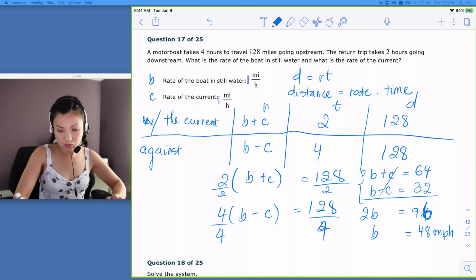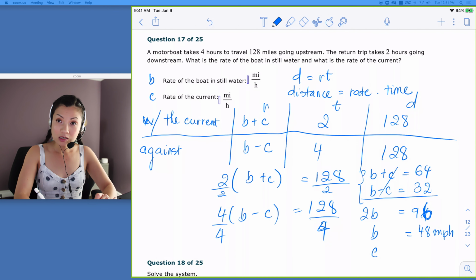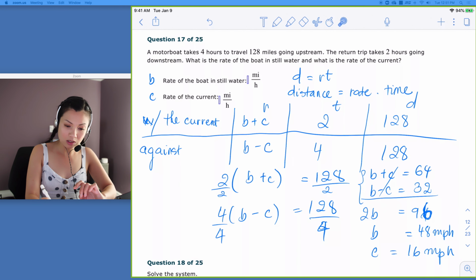And then you use substitution, you go back and solve for C, and it's going to be 16 miles per hour. You can use any equation, even the original equation. It shouldn't be a problem.